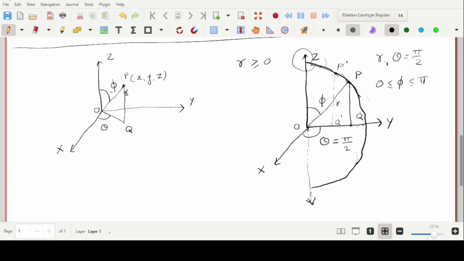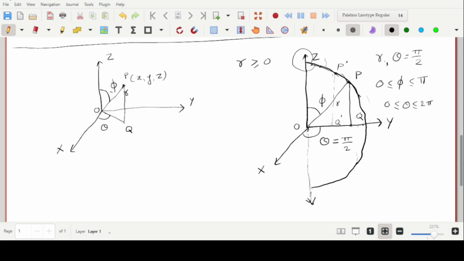We are actually varying this theta from 0 to 2 pi. So keeping r fixed, varying phi from 0 to pi, and also varying theta from 0 to 2 pi, we get a hollow sphere of radius r. That means we get all points that lie at a distance r from the origin.